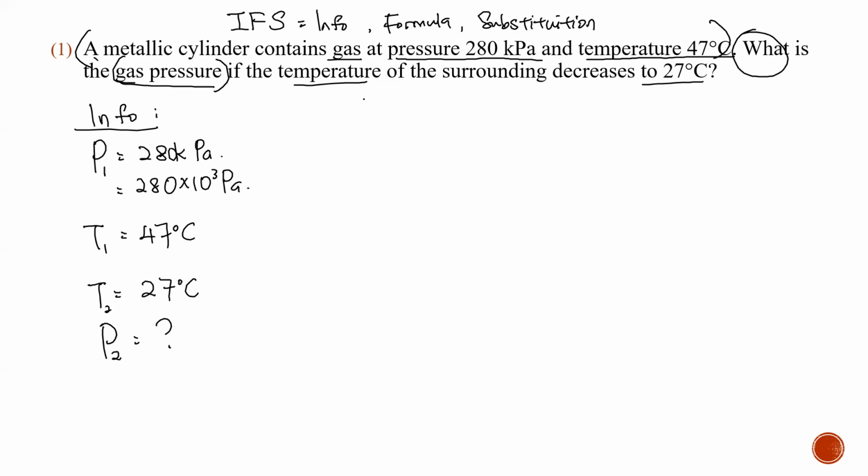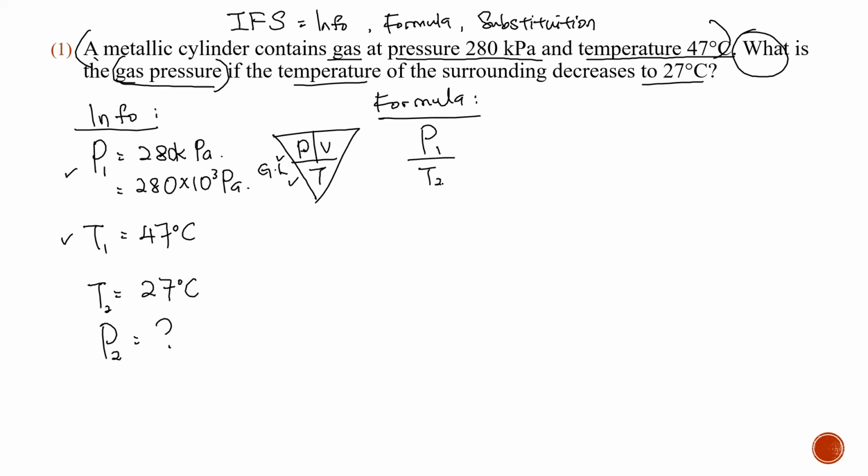All right, so now what is the formula? The formula can be determined by using the triangle. You can see we have P, we have T, so actually it is Gay-Lussac law. So it will be P1 over T1 equals P2 over T2.